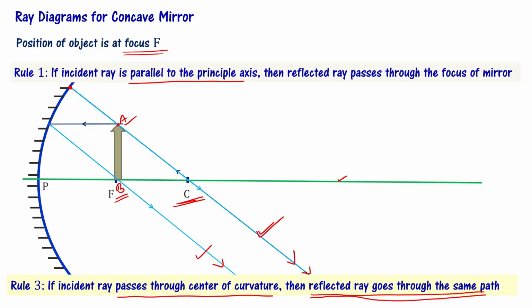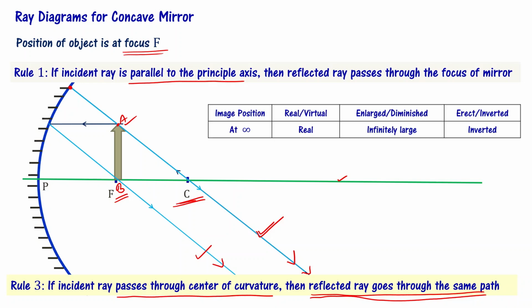Now you understood? So the position of image is going to be at infinity. Since we assume they meet after going very far, the A prime position will not be on this screen, it goes very far away. That's why you say that image position is going to be at infinity and the image is going to be real because of course we can't put a screen at infinity, but there is a possibility. Infinity means, let's say it is much beyond this particular whiteboard you are seeing, right?